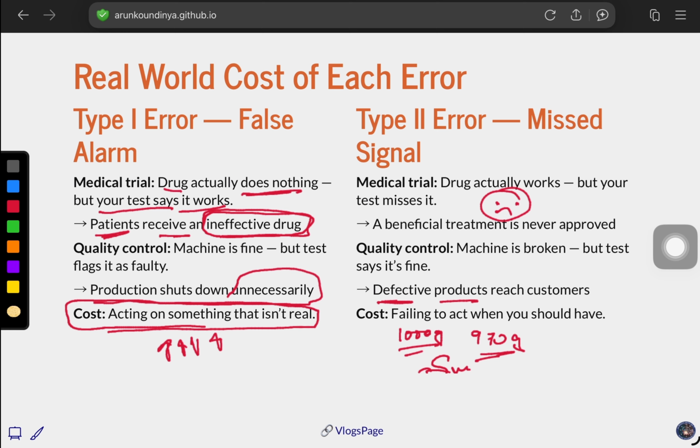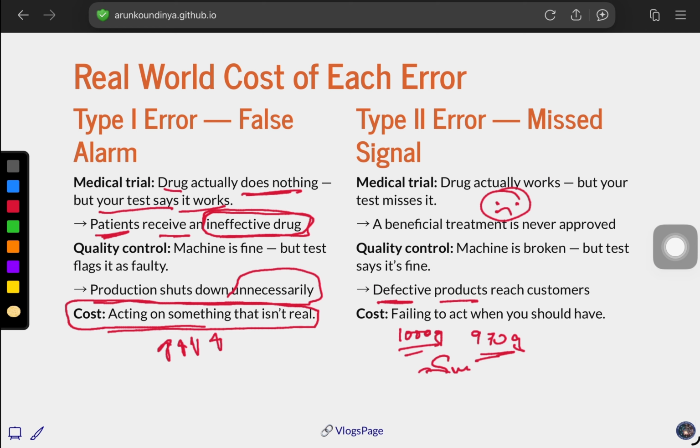Here we are acting for false alarms. Here we are not acting when we have to act, and there is a cost for not acting because somebody will act. Like here the consumers can act and file a court case and then the court can sue us. So there is a cost for both of them.